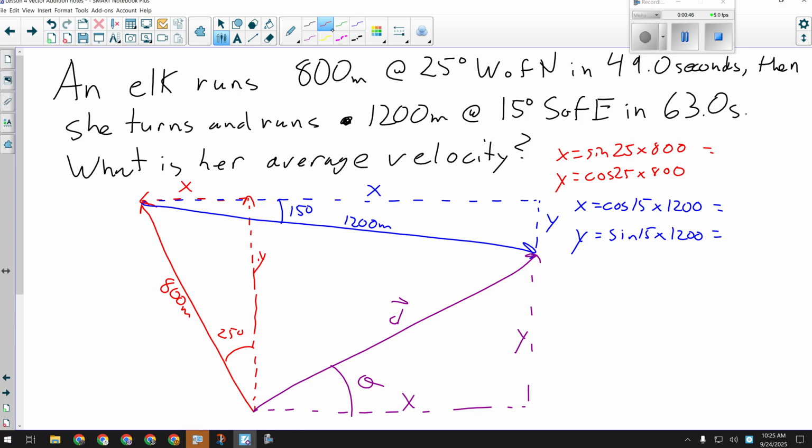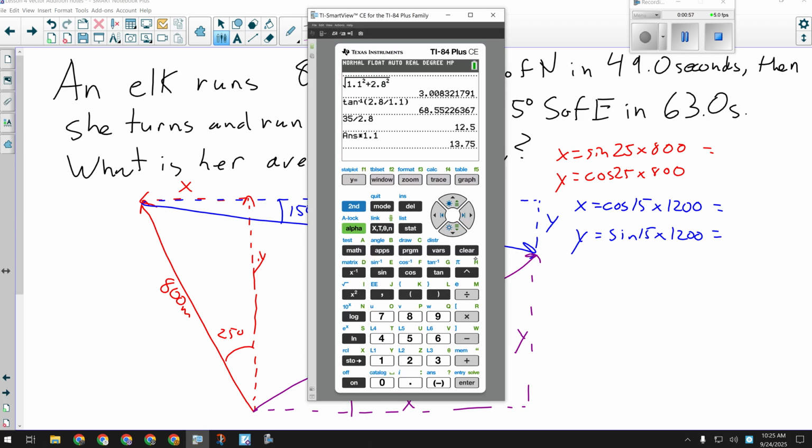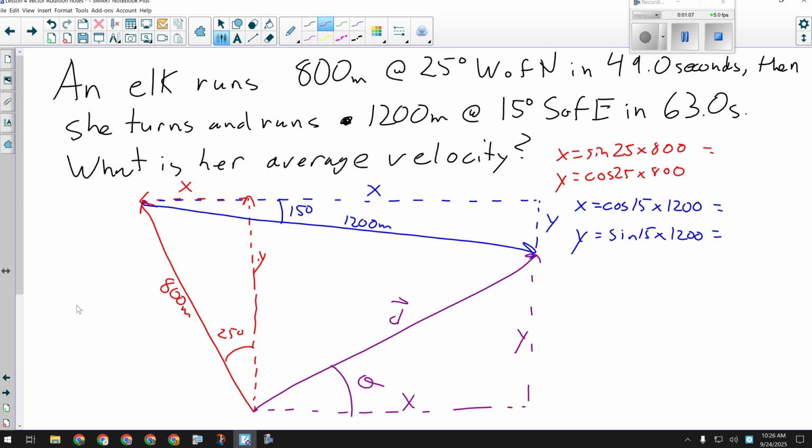Okay, so to get red x, red is opposite my 25-degree angle, so I'll use the sine of 25 times the hypotenuse, 800, to get red x. So sine of 25 times 800. All right, so that side is going to be 338.09 meters, and that is west.